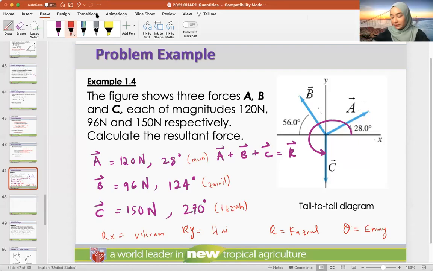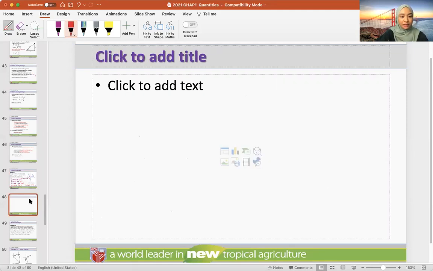Yay, time's up. Okay. So I hope everyone tried. Okay, kena cuba at least sekali. Banyak kali tak apa. Okay, Munira. Munira, can you tell me how we can find the X component of A and the Y component of A?